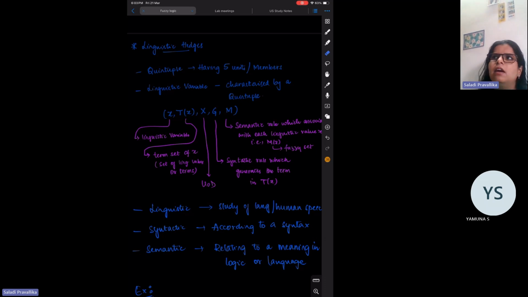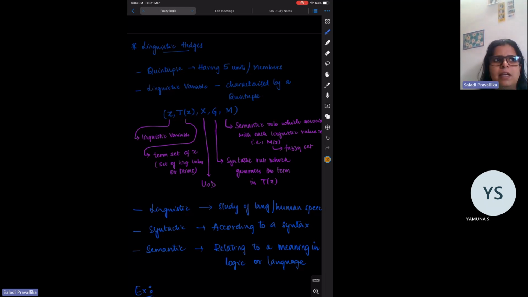Then we have T of x, which is the term set. If we are discussing places, we can say Paris, London, Mumbai, Hyderabad, America, California, all these places. These are all terms, and I can put them in a set, and hence I can call it a term set. In these examples, we'll be sticking to a particular area whenever possible.